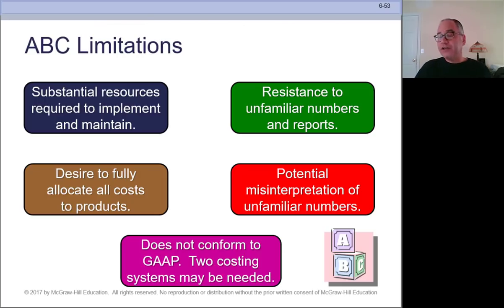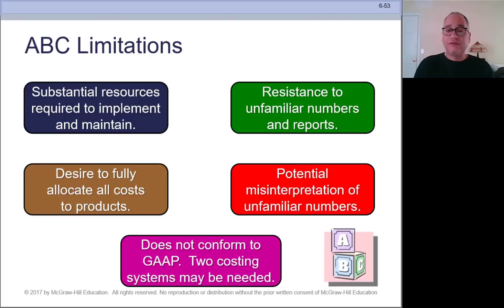So why not use activity-based costing? It's very expensive and it's a lot of work. It's a big project. At this company that I'm working with, we have meetings with 30 or 40 people at a time, and they have 2 full-time people and at least 2 consultants from a big consulting company working full-time on this implementation.